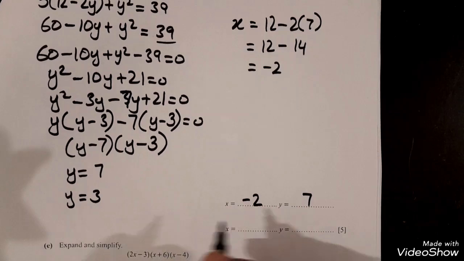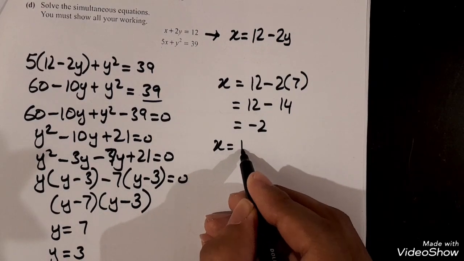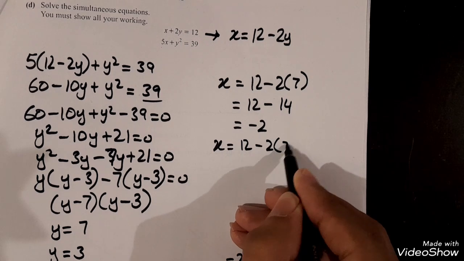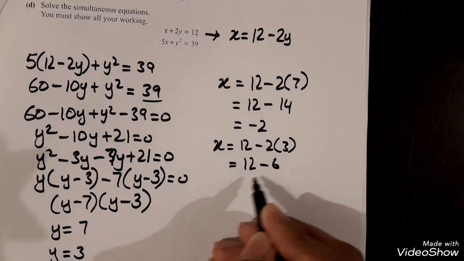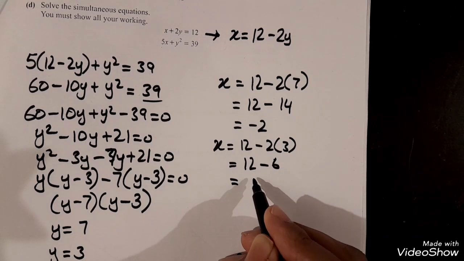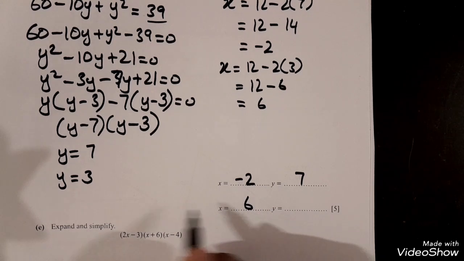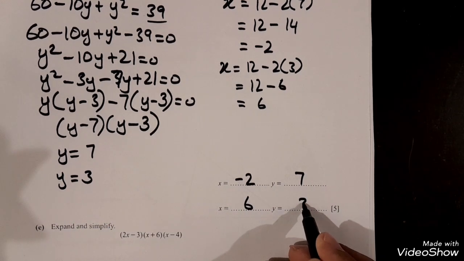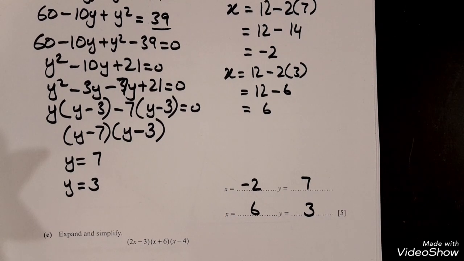Then for the second y we have 3, so we put it into x is equal to 12 minus 2 multiplied by 3. So 12 minus 6, this will be 6. So the second value of x will be 6 and y will be 3. So this is how we will do part D of question 8.